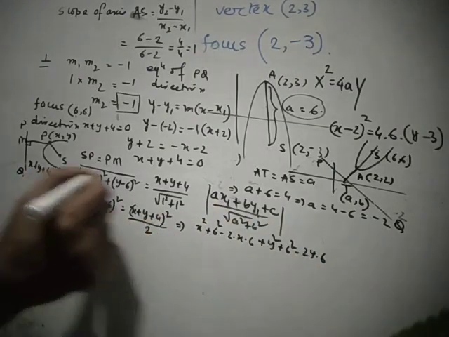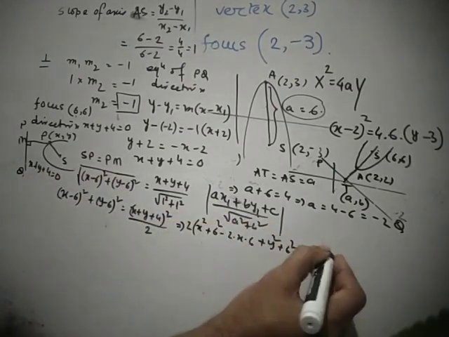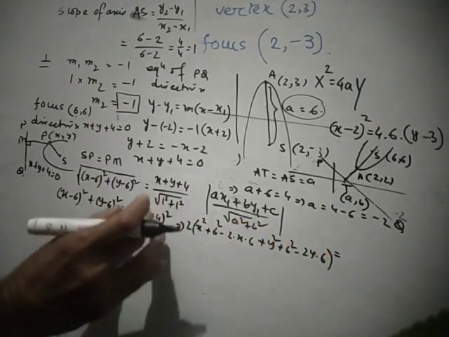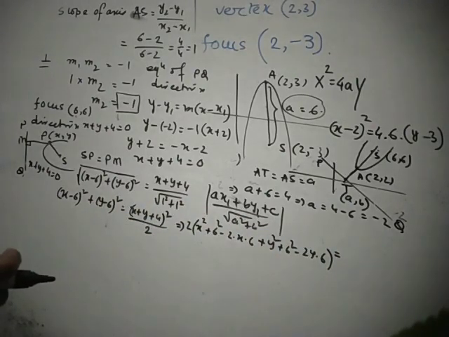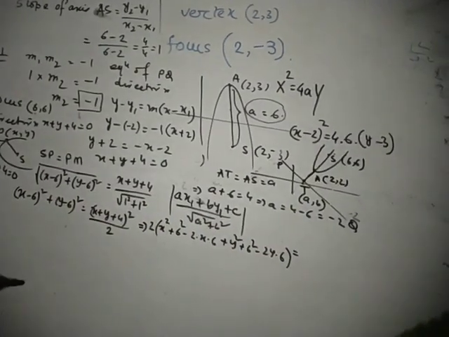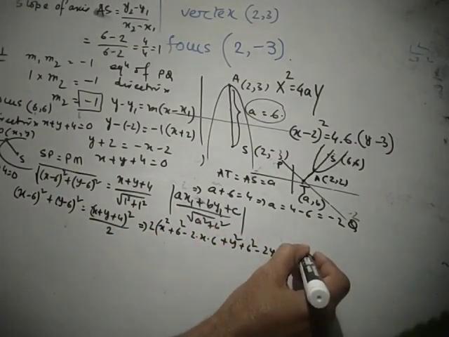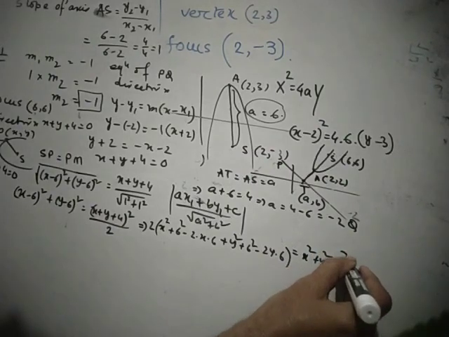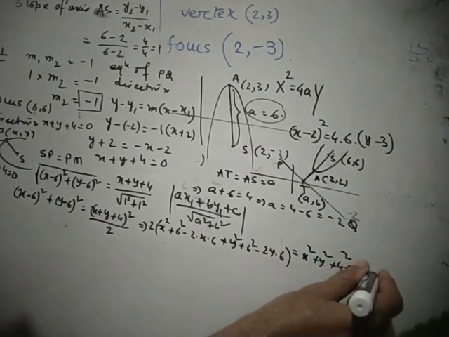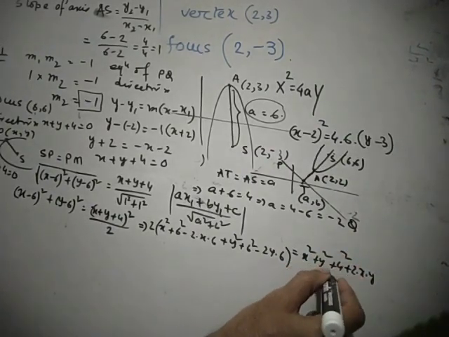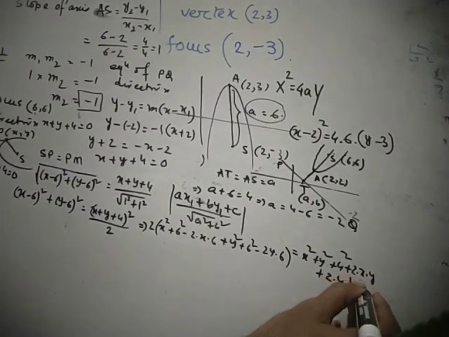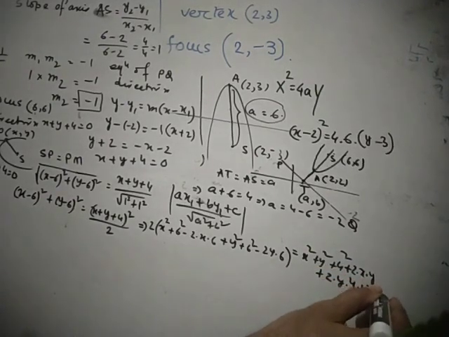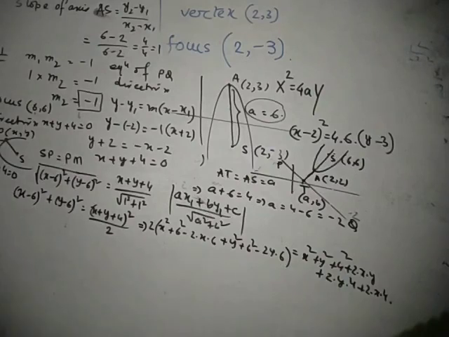This 2 will be multiplied to this side with the whole thing, equals x plus y plus 4 whole square. It will be squared with this formula: x square plus y square plus 4 square plus 2 into x into y plus 2 into y into 4 plus 2 into x into 4. Now the plus and minus terms will cancel and we'll get the equation of the parabola.